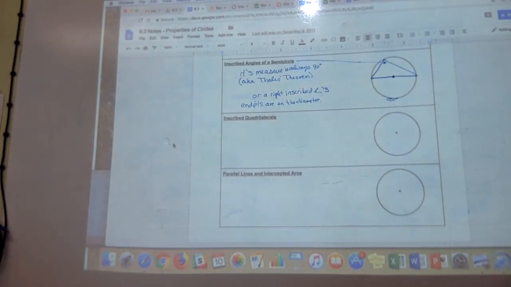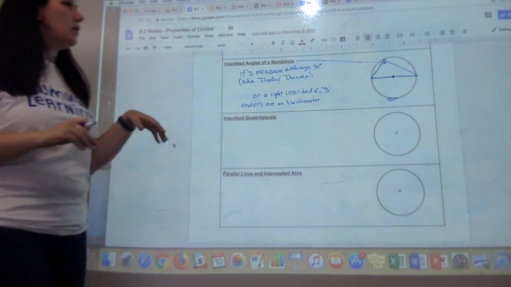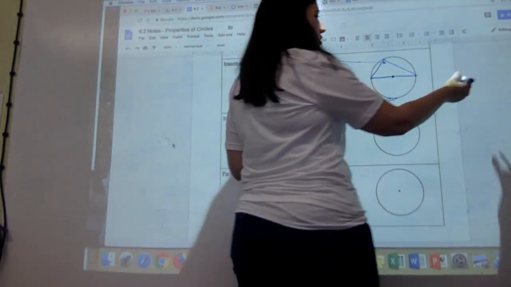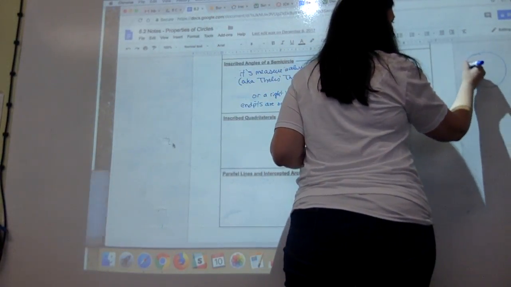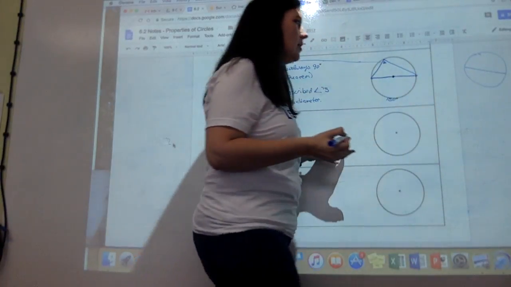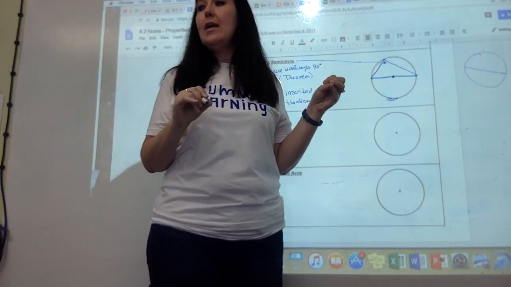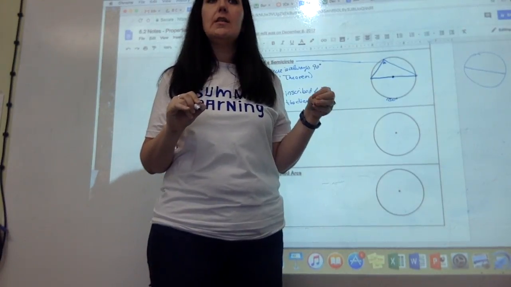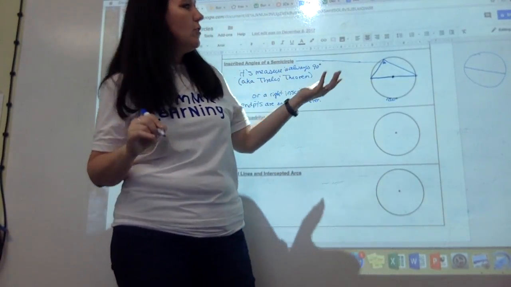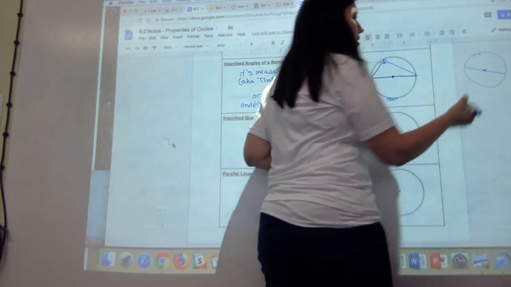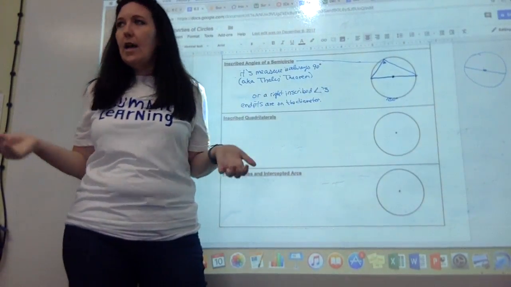If they draw a line through the center, you can't assume it's the diameter. Even though that doesn't look like the diameter, if I put this, it's the diameter.